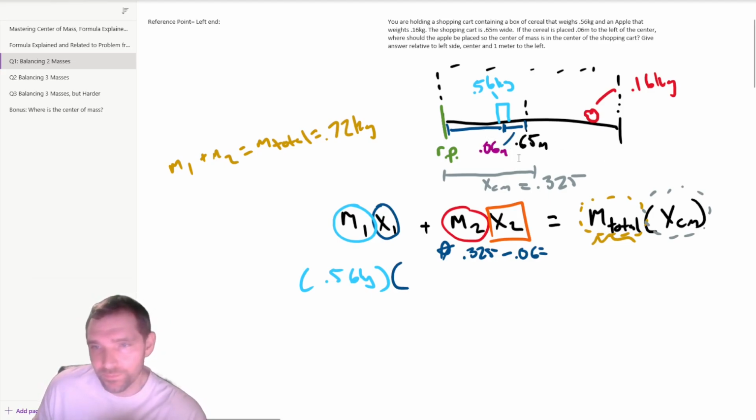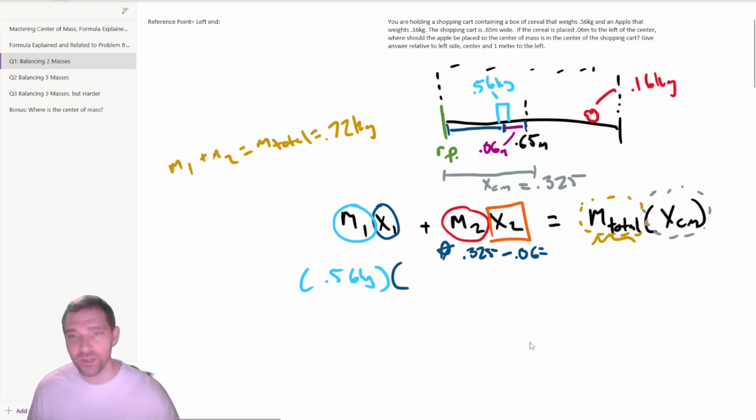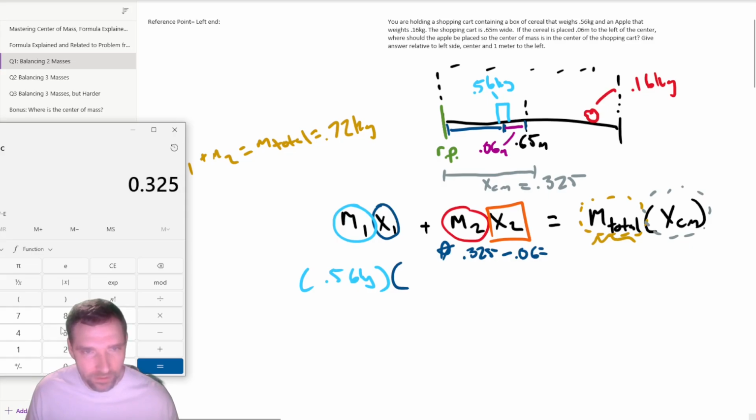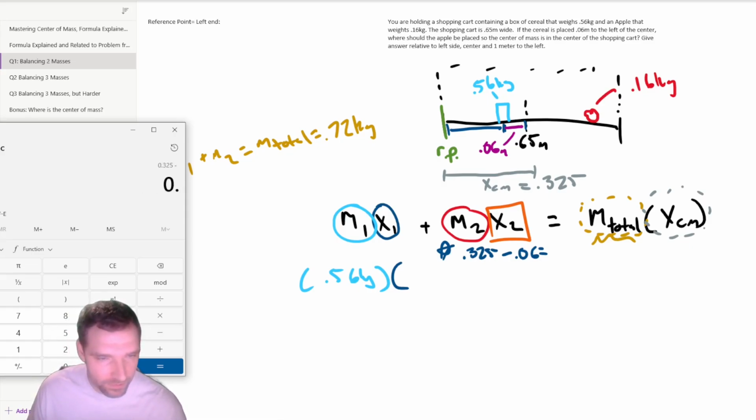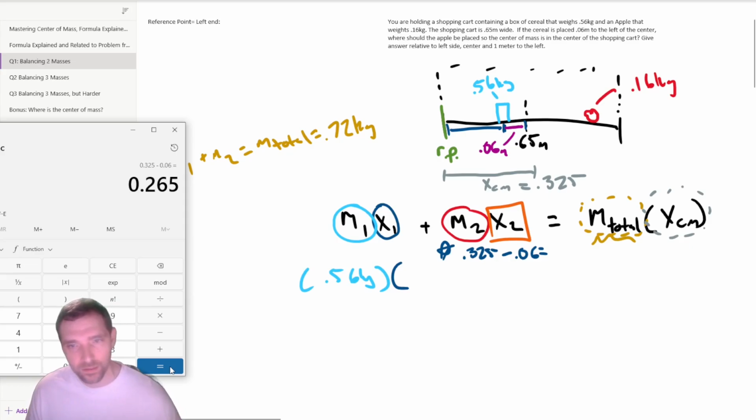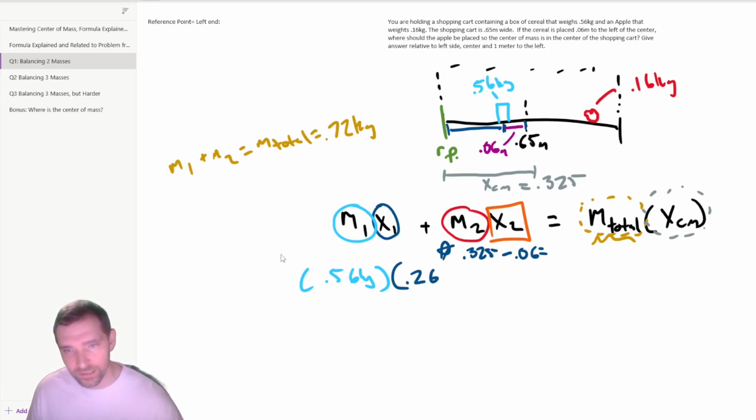We'll go with purple. So that was given information, which was useful, just not really from the reference point that we want to use. So if we really want to get this number, we're going to need to do 0.325 minus 0.06. We got 0.265 meters.